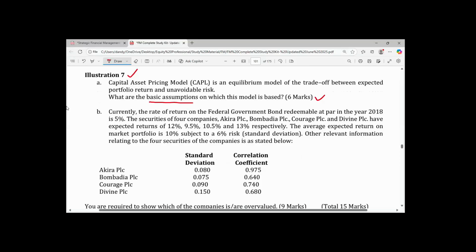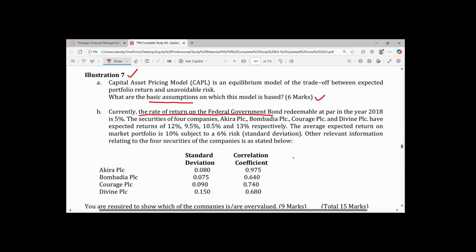Then part B of the question, you are told that currently the rate of return on the federal government bond redeemable at par in the year 2018 is 5%. Remember, the examiner said the rate of return on the federal government bond, which simply means that is your risk-free rate of return.